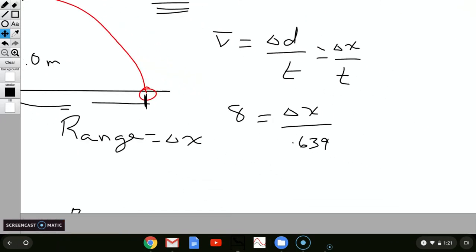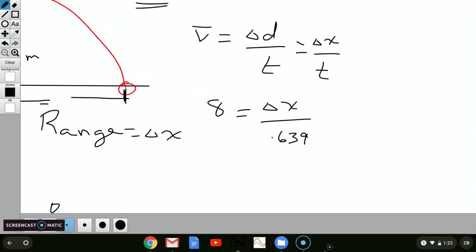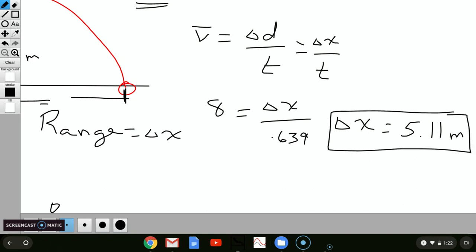And when we do this, let me grab the calculator real quick. We get a delta x of 5.11 meters. So the range would end up being 5.11 meters.